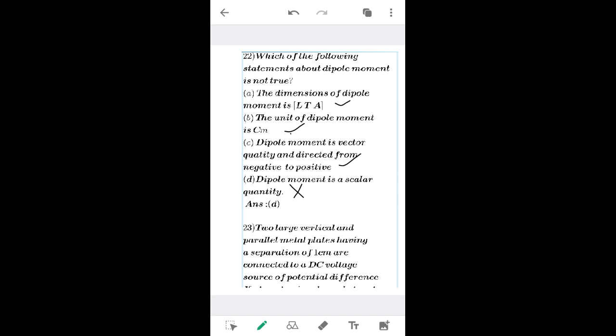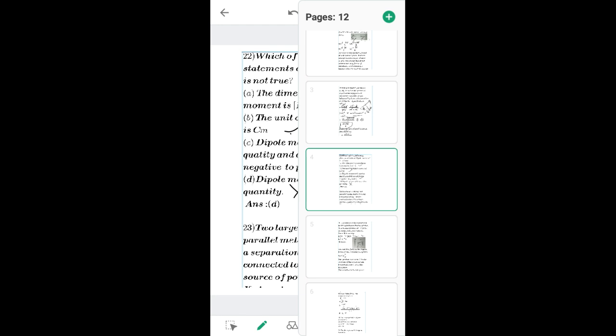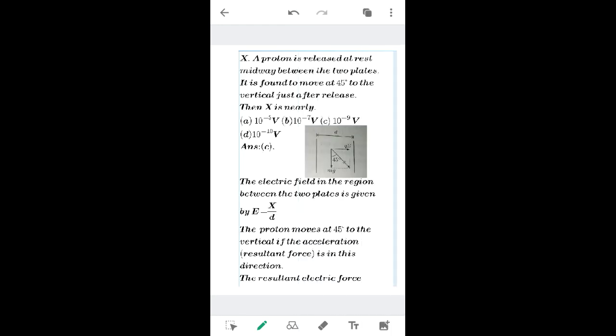So next we will go to the 23rd problem. Two large vertical and parallel metal plates having a separation of 1 centimeter are connected to a DC voltage source of potential difference X. A proton is released at rest midway between the two plates.